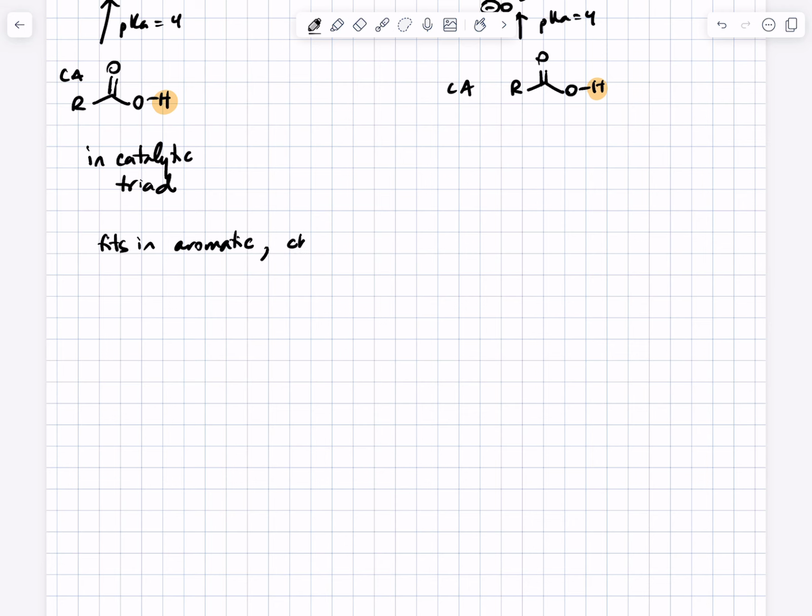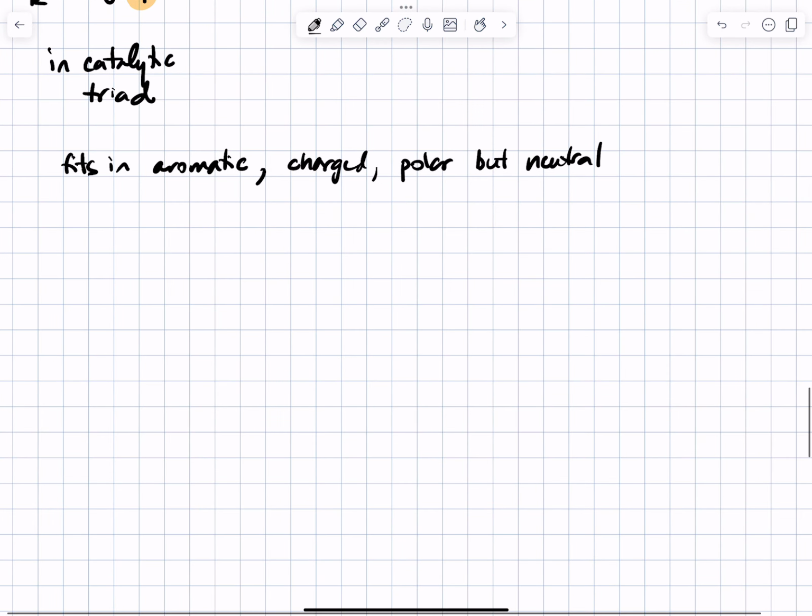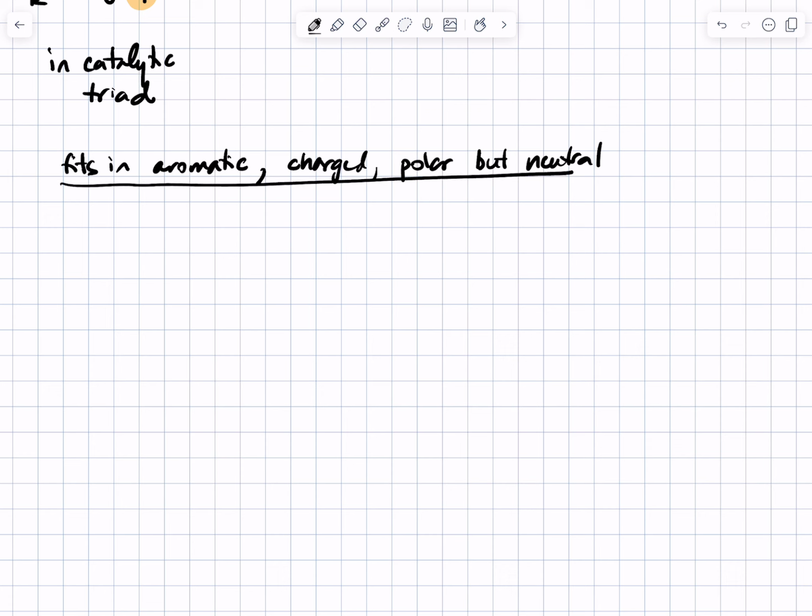It also fits in the charged category, and it also fits in the polar but neutral category. I don't know necessarily where to put it, because you'll see that it has character that is consistent with all of those areas. And it's just one, that's the amino acid histidine.